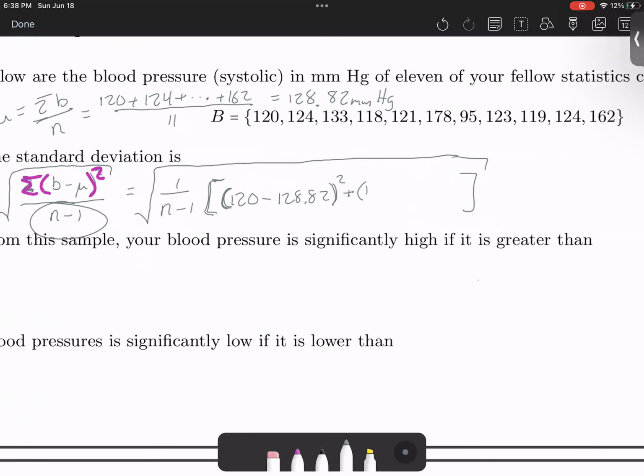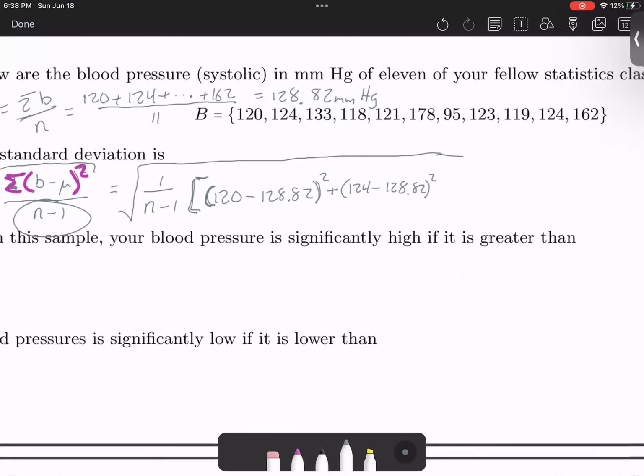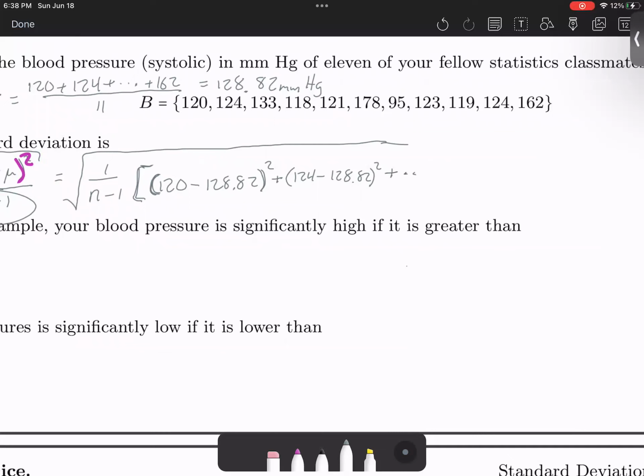So the next value is 124 minus the average of 128.82. You'll take that difference and square it. And you'll do this for all of them. So we'll end up at 162 minus the average of 128.82, squared.